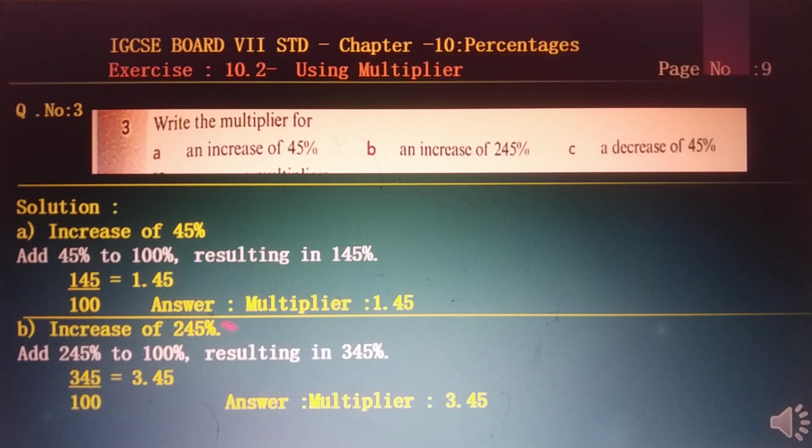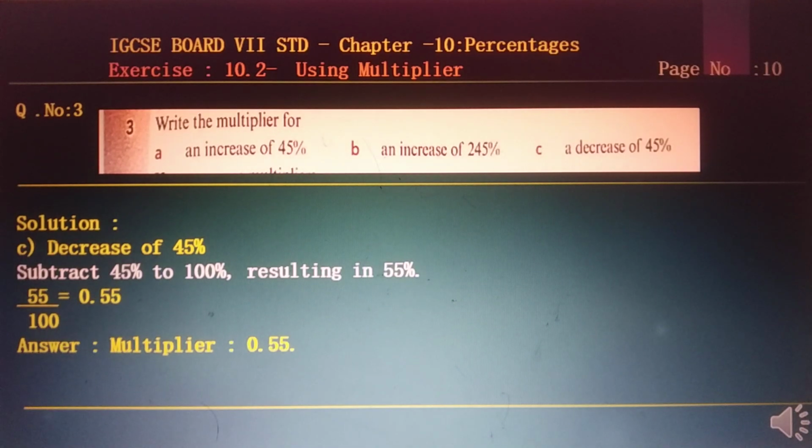The same way for an increase of 245%, the same method for determining the multiplier, we get 3.45. For C, the same way, 45% decrease means subtract 45% from 100, finally we get 55. 55 upon 100 is 0.55, the multiplier is 0.55.